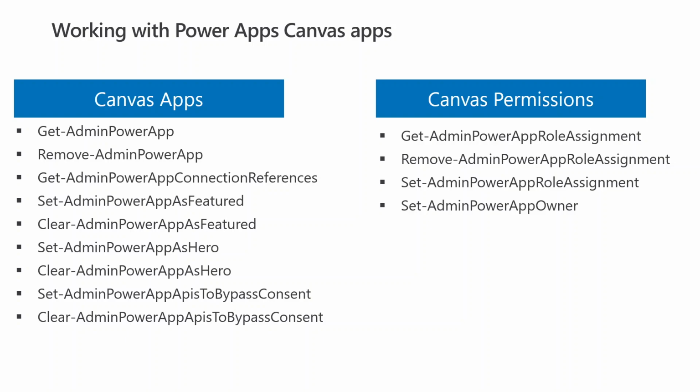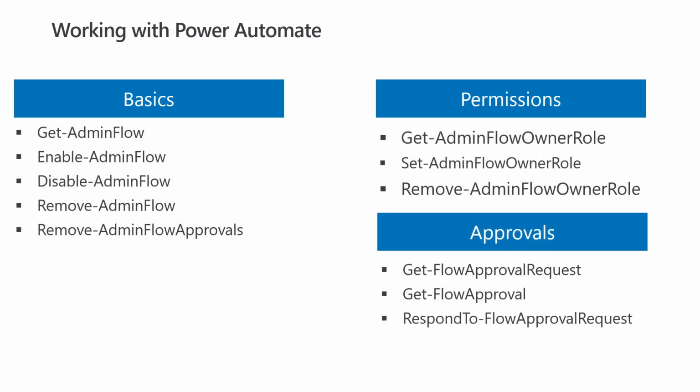You can do things with Power Apps in PowerShell. All of these things here. Set Power App as hero, so it shows in prominent places across where apps are displayed. Change permissions on Canvas apps.